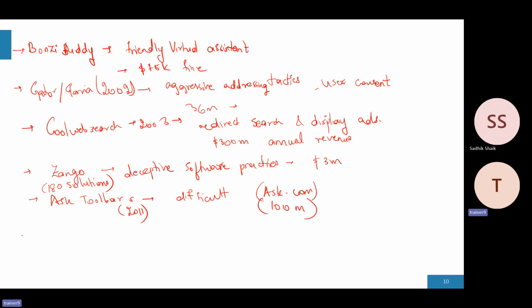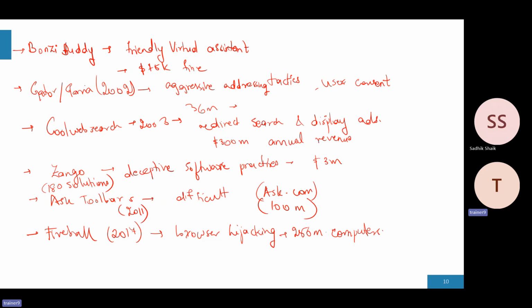Then there was the Firseria episode, which happened a couple of years back, in 2017, where this adware was doing a kind of browser hijacking. This browser hijacking was infecting almost 250 million computers worldwide.